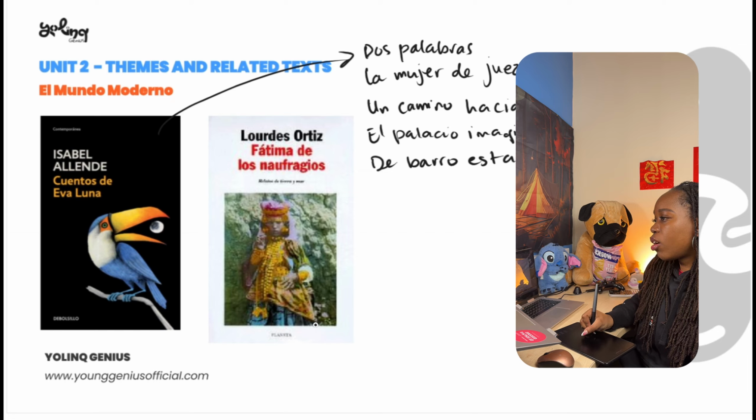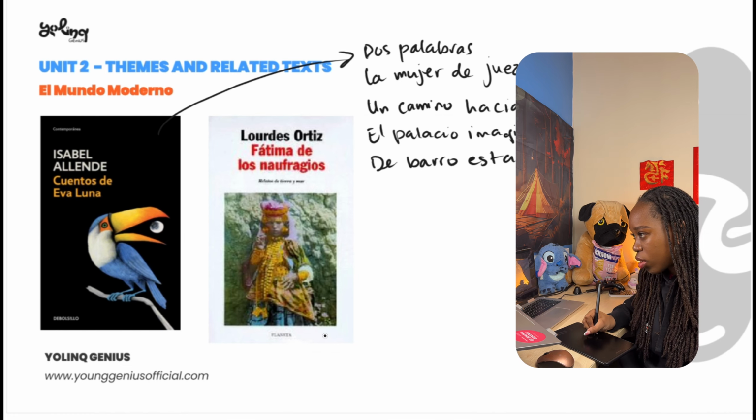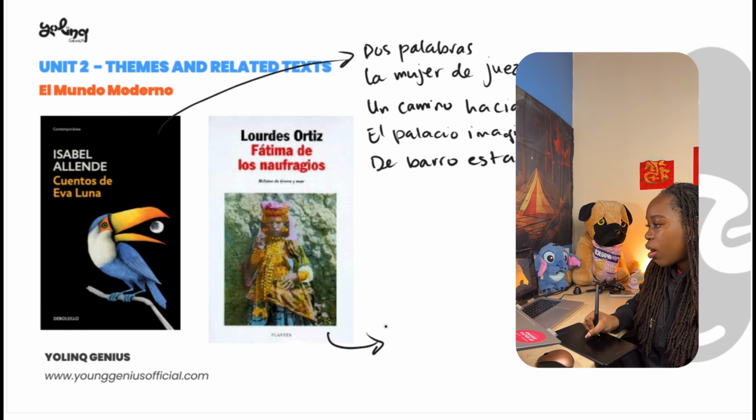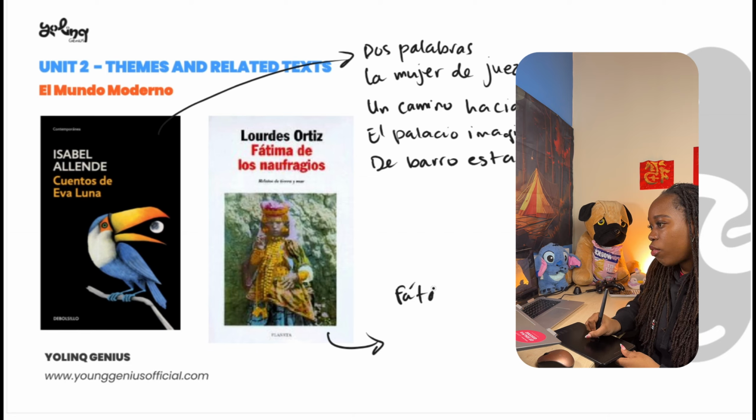If y'all decide to do Fátima de los Naufragios, then you will read these stories. The title story, Fátima de los Naufragios. Pretend that I write pretty.